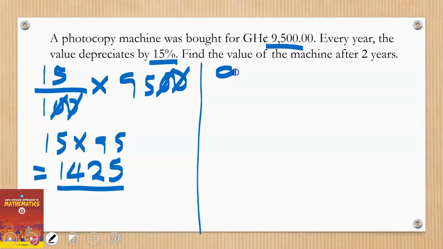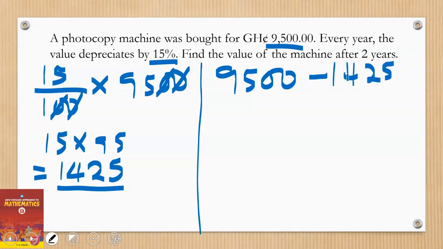Now, at the end of the second year, what will be the reduction in value? First of all, we have to do 9,500 minus this, because it has been depreciated by this amount. When we do this simple calculation, we have 8,075, right?